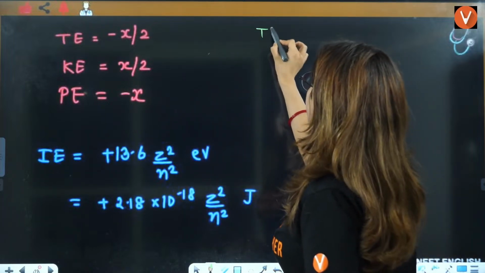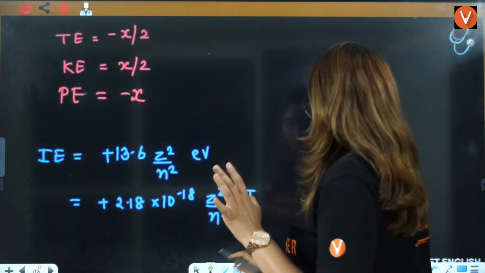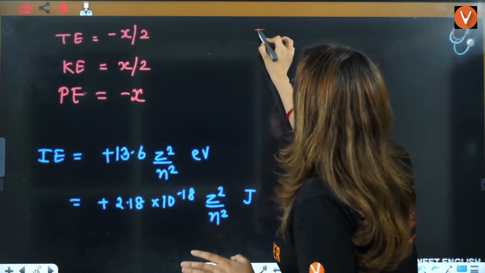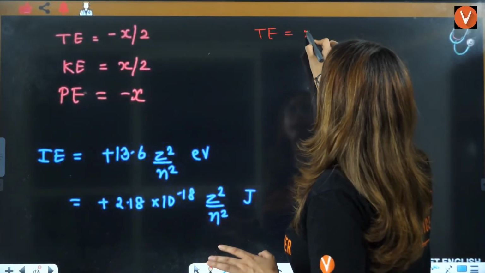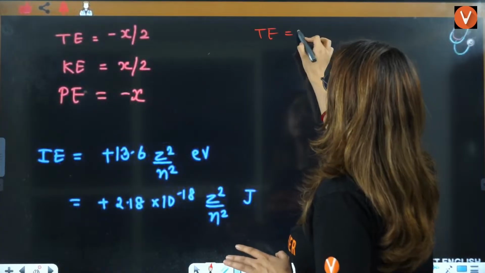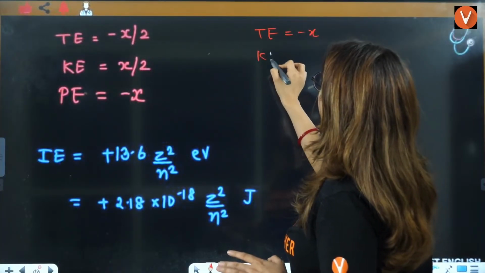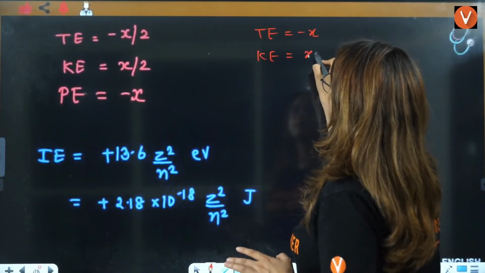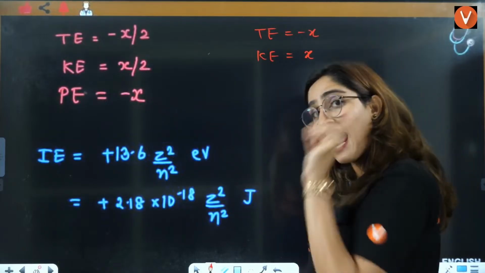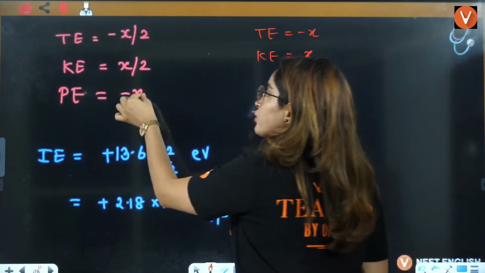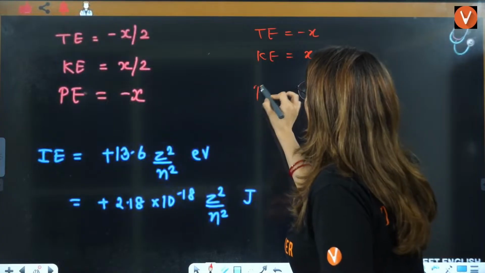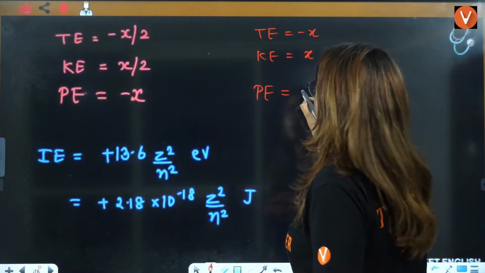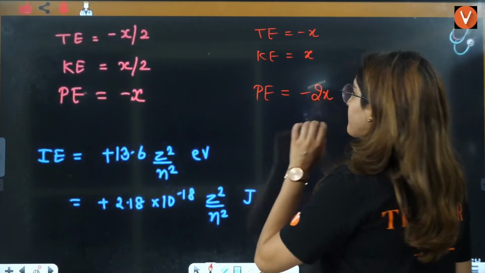Some students also learn it this way: if total energy is, let's say, minus of x, kinetic energy is going to be x, that is opposite of that. And potential energy is going to be double of it. So you can say potential energy is equal to minus of 2x.